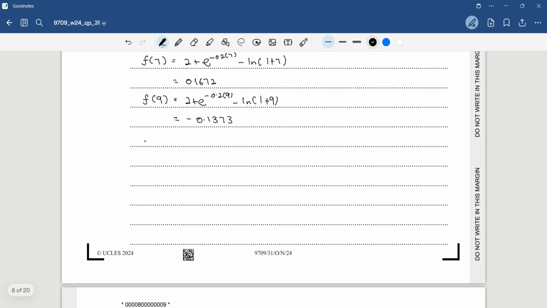Since there is a change in sign for f(7) and f(9), therefore there is a root between 7 and 9.